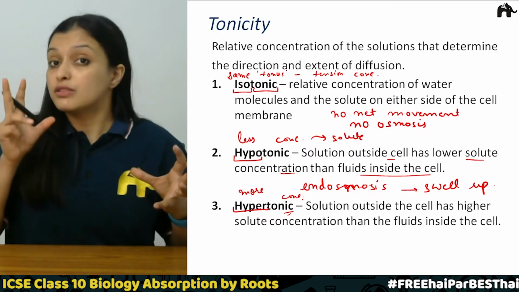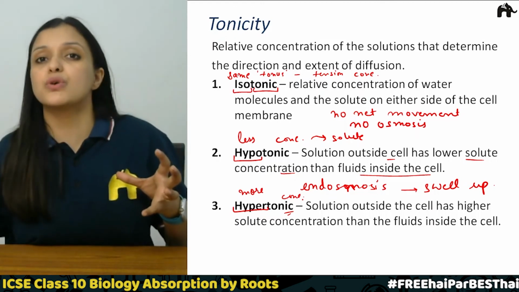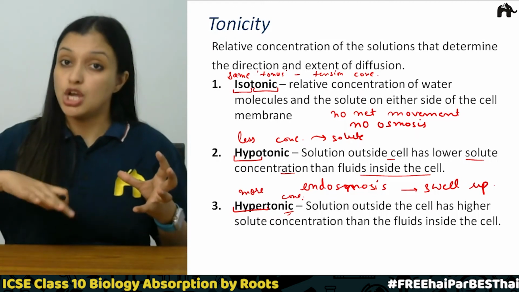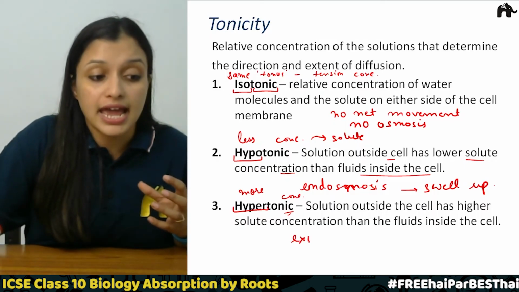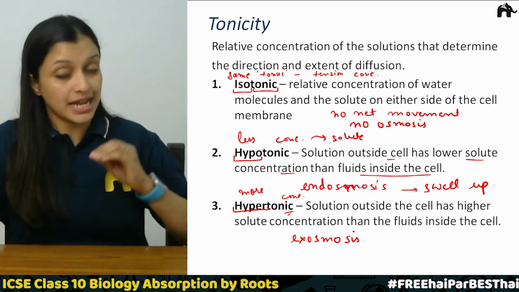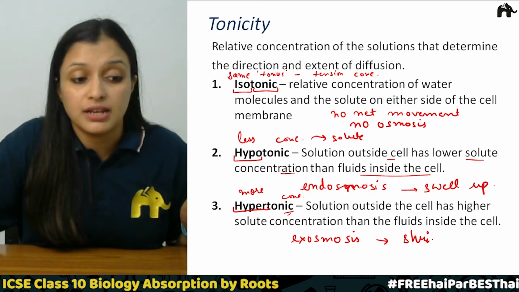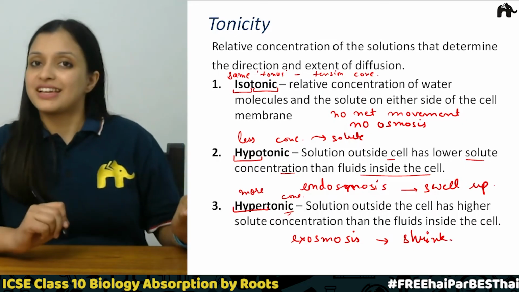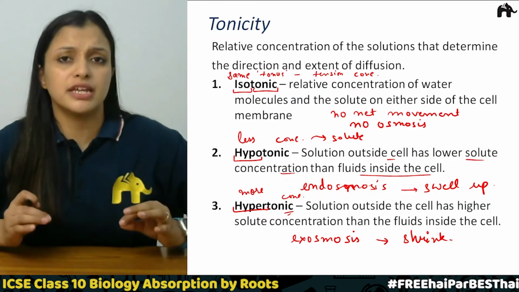Now the water will move from its region of higher concentration to lower concentration, from inside to outside the cell. So in that case, exoosmosis will happen. The water will move from inside to outside the cell, and in this case, the cell will shrink. So simple. These three terms are very, very important.